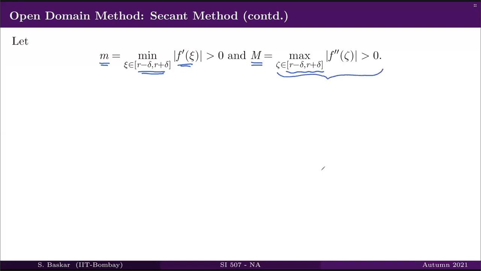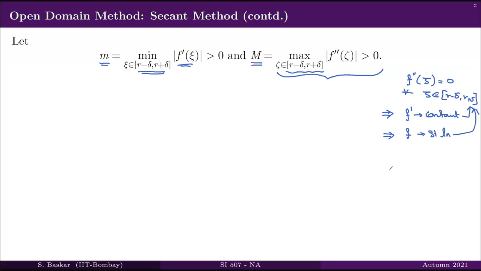Why? If capital M is 0, it means f double dash of zeta is equal to 0 for all zeta in the delta neighborhood, right? That implies that f dash is constant in this neighborhood, and that implies that the graph of the function f is a straight line in this interval.